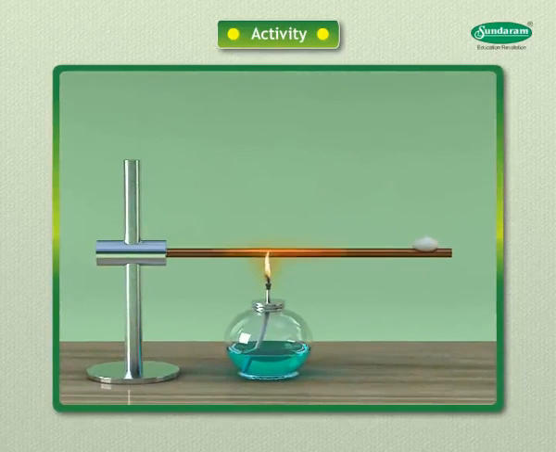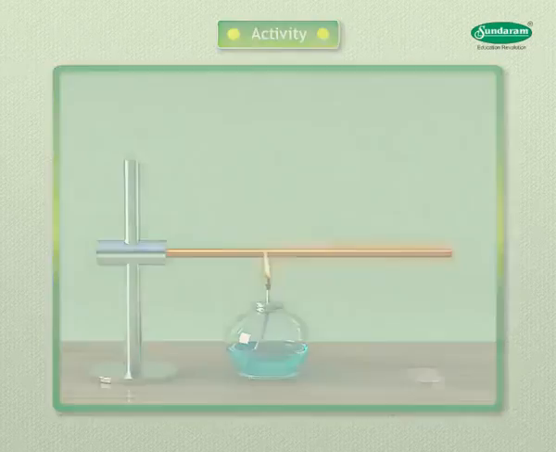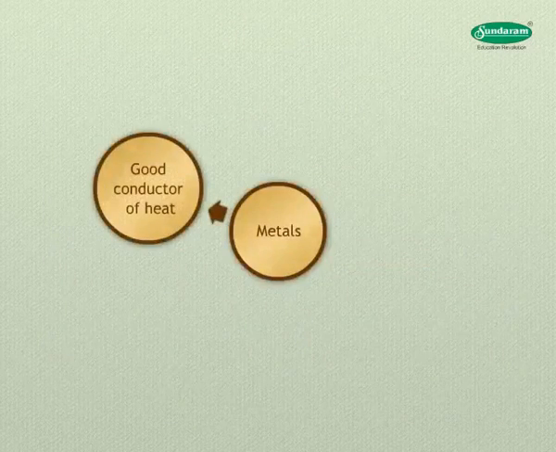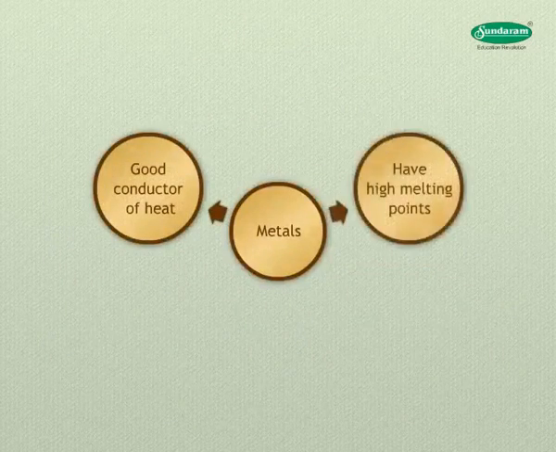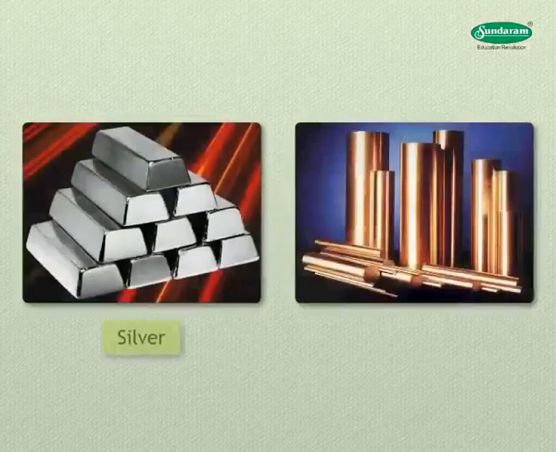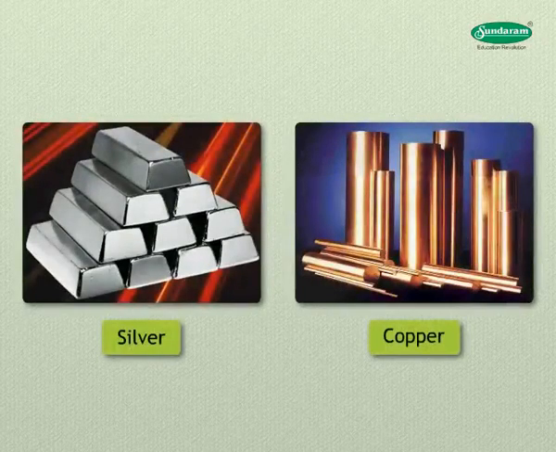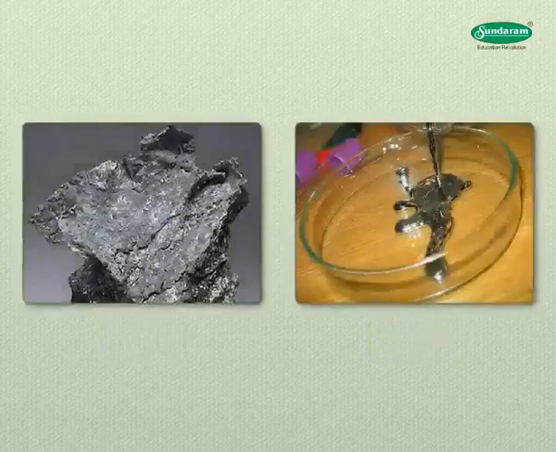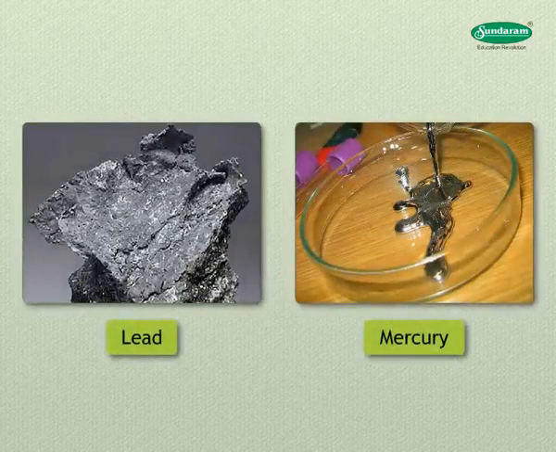No. Note your observations. The butter starts melting after some time. From this, we can say that metals are good conductors of heat and have high melting points. Silver and copper are the best conductors of heat, whereas lead and mercury are the poor conductors of heat.